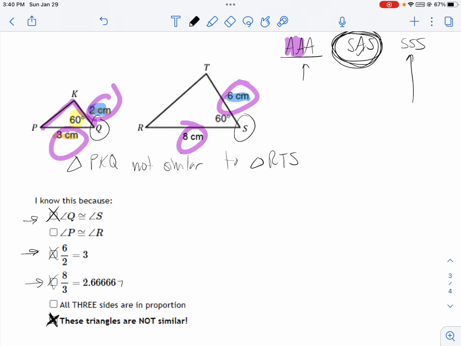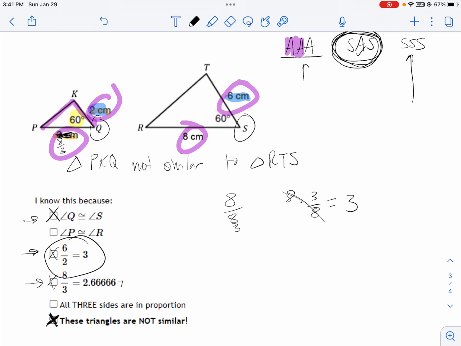Now, what if instead we had not 3 over here, but what if this was 8/3? Then 8 divided by 8/3. When you divide a fraction by a fraction, you multiply by the reciprocal. So 8 multiplied by 3/8. The 8s cancel, leaving you with 3. If that had been the case, if this had been 2 2/3 instead of 3, then that would have given you 3 as the proportion. It would have matched the 6 over 2, which is 3.